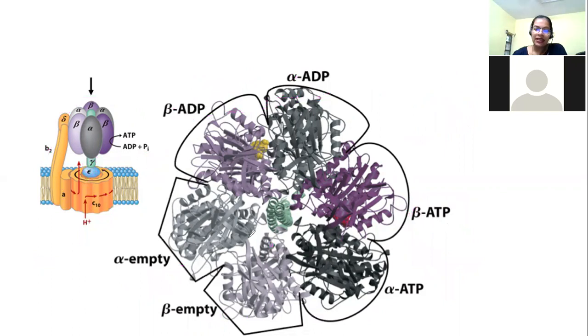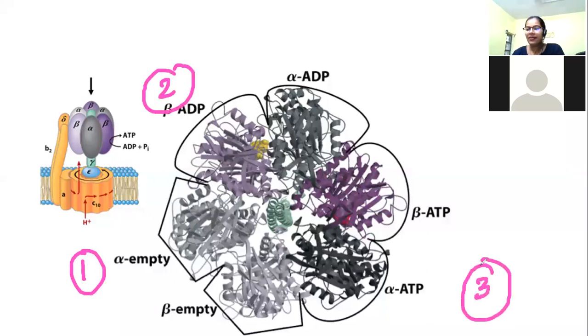So let us say that this is the first condition, this is the second condition, and this is the third condition. Now ADP comes and binds.